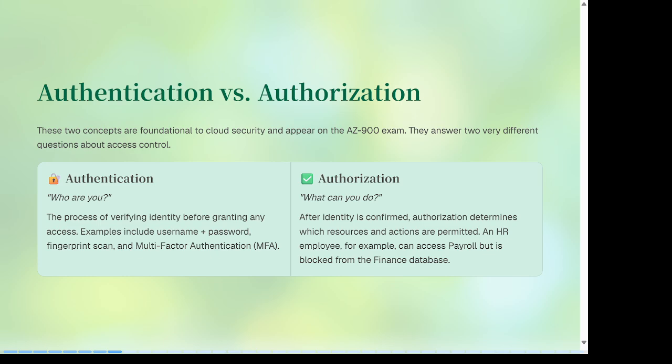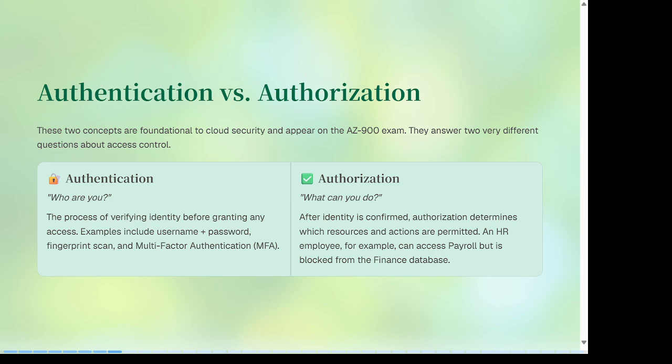Authorization means what can you do? Authorization happens after authentication is successful. What are you allowed to do? In authentication, who are you? But in authorization, once authentication is successful, what are you allowed to do?